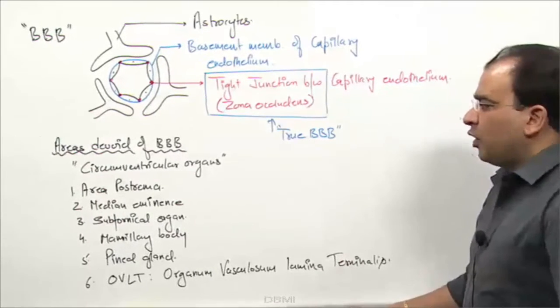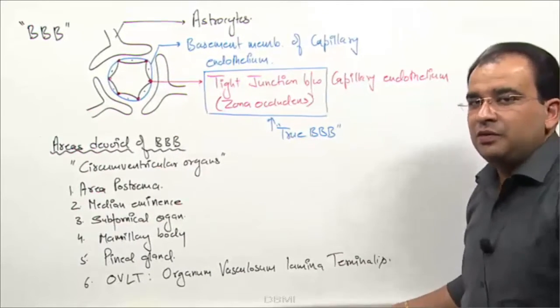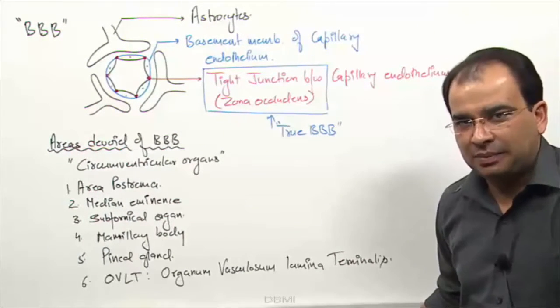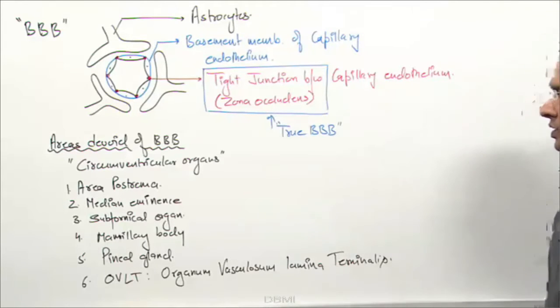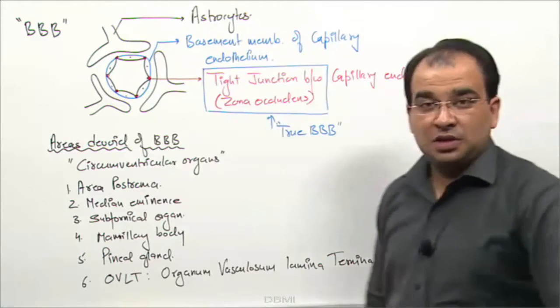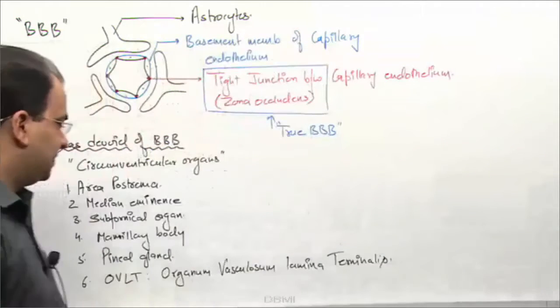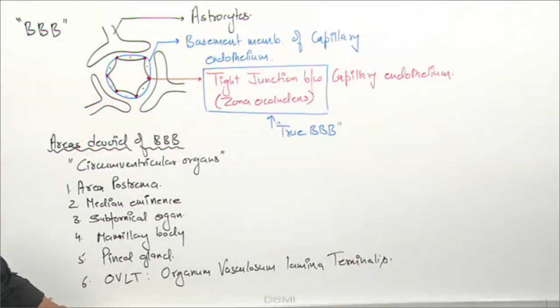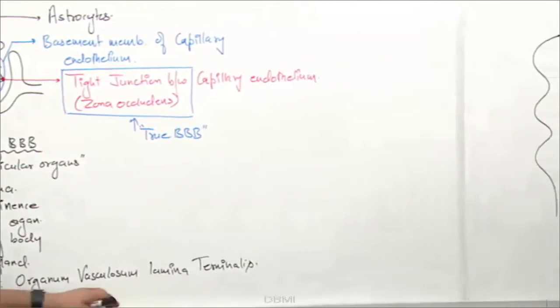Now talking of the devoids, there are certain areas in the brain which are devoid of the nociceptive fibers or pain fibers. So let us have a list of the structures which are devoid of pain fibers.